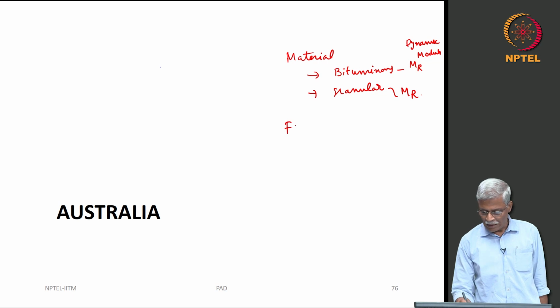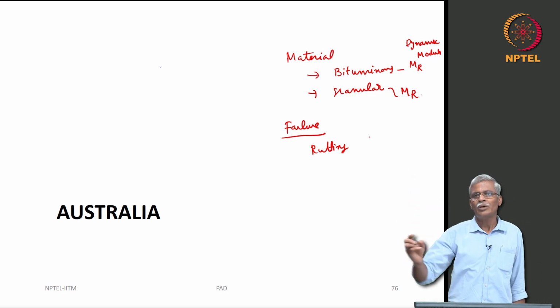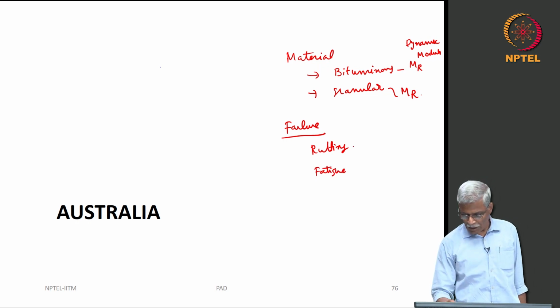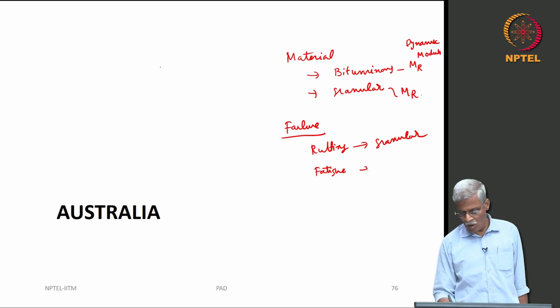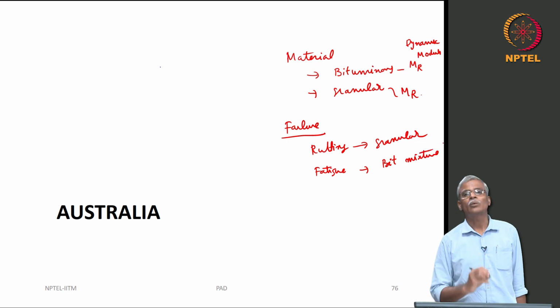Then what is the failure criteria? You can say very generally rutting of the full pavement system, fatigue of the full pavement system, or you can talk in terms of rutting of the granular layer alone or fatigue of the bituminous mixture alone.